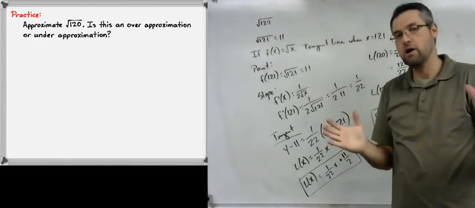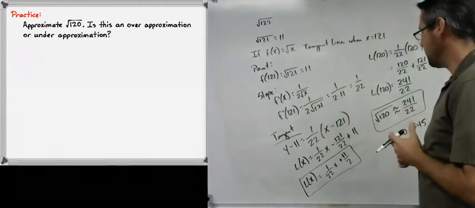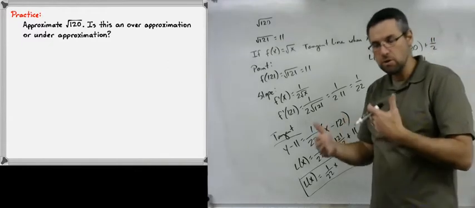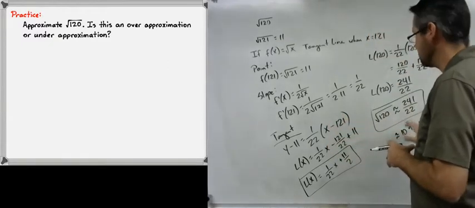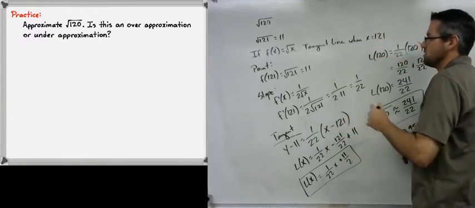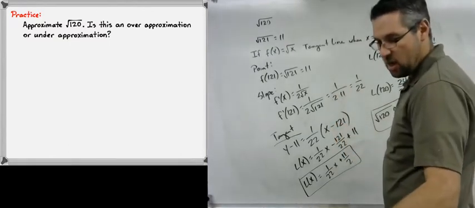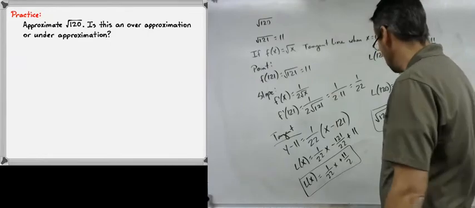And I don't want to use a calculator to figure it out to compare. That's not the goal. The goal is to be able to use calculus to determine whether this is an over approximation or an under approximation. And so that was the next part of this. It says, is this an over approximation or an under approximation?